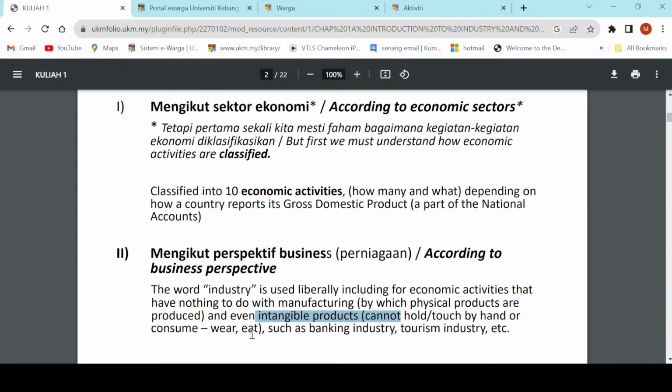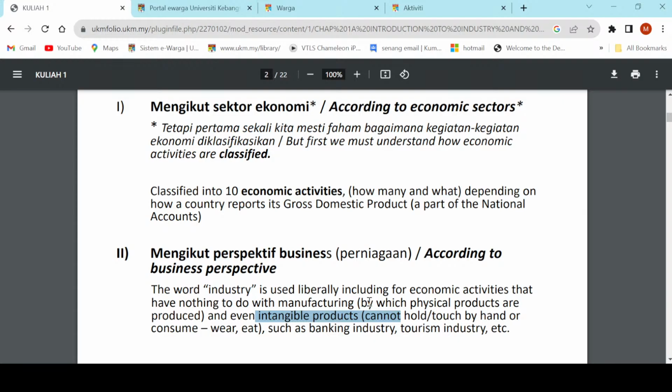So actually, that word industry that has been used for many activities other than manufacturing is already according to business perspective.